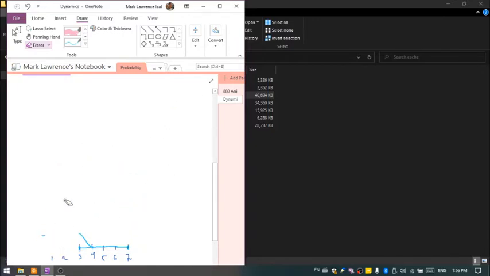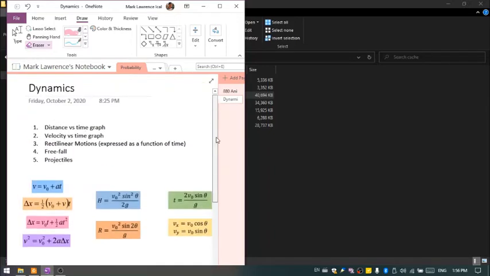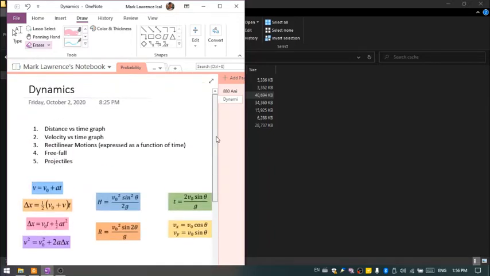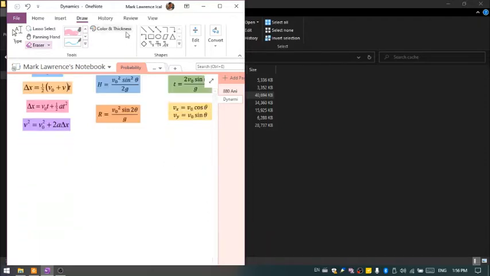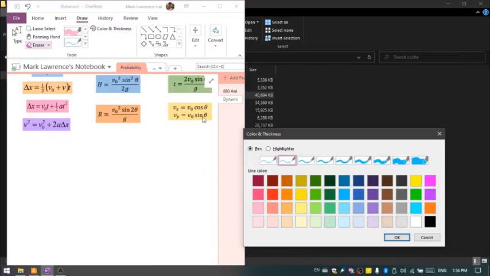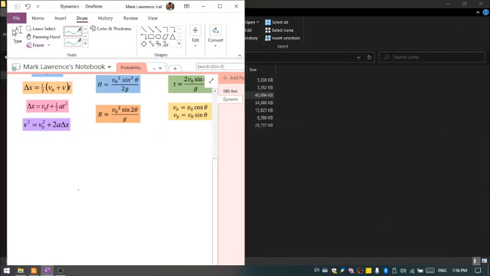Sorry about the interruptions a while ago. Okay, so number 3, rectilinear motions expressed as a function of time. Now, as I already discussed a while ago, there are position versus time graphs.